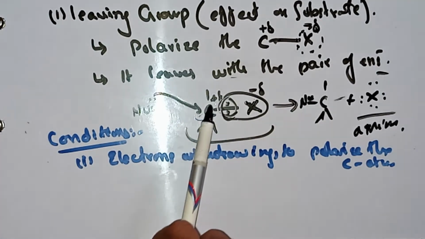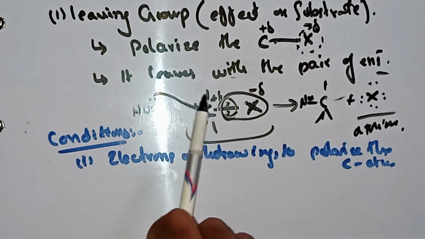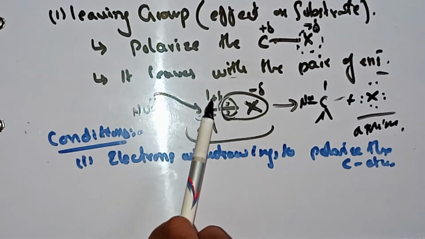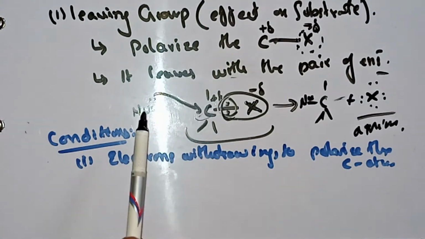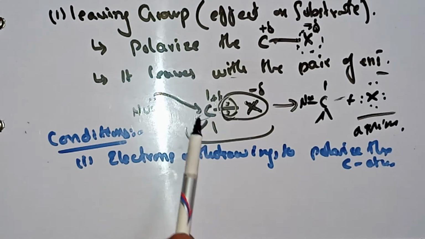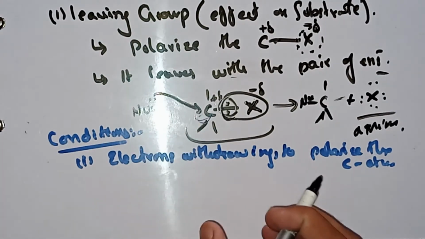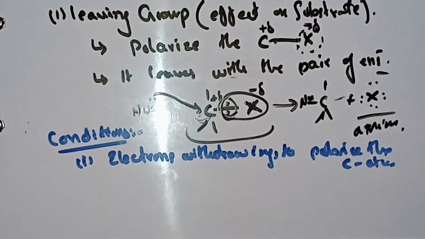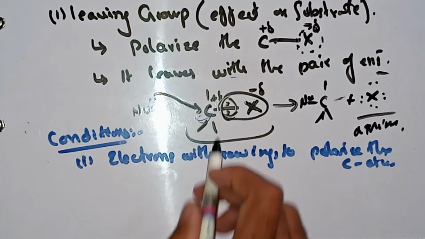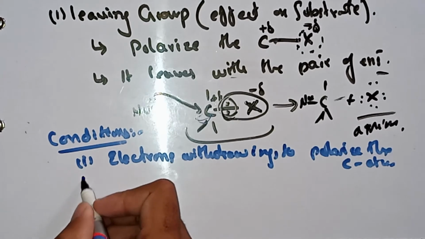It makes the carbon ready for attack by a nucleophile, meaning the carbon becomes an electrophile. So a good leaving group strongly withdraws the electrons of the bond pair. This is the first condition.